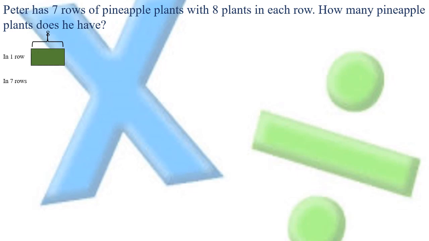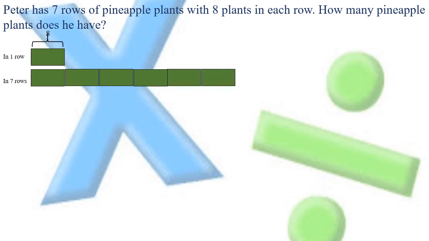So you have to find how many pineapple plants are in 7 rows. You have to multiply 7 by 8. The answer is 56.